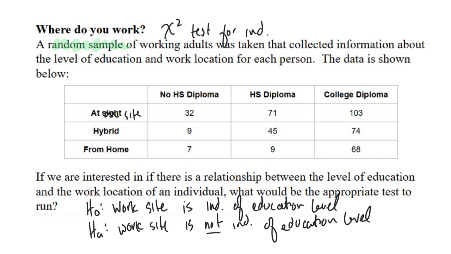So for example, in this question, if I had said I took three random samples of people with no high school diploma, and college diploma and asked them, well, then it would be homogeneity. And my null would be there's no difference in the distribution of where people work based on their education level. And my alternative would be that there is. So these tests can kind of run together, and that's why it's so important to read carefully.